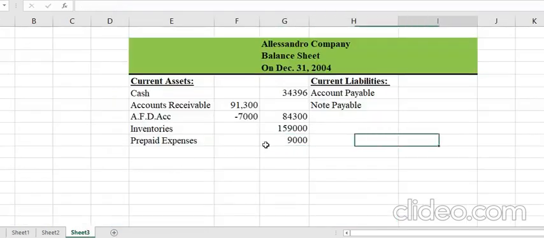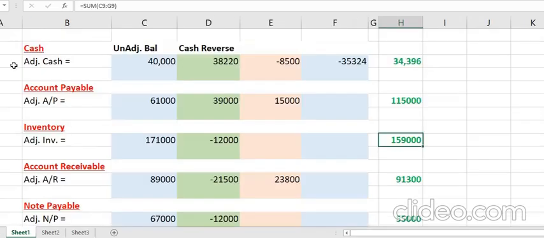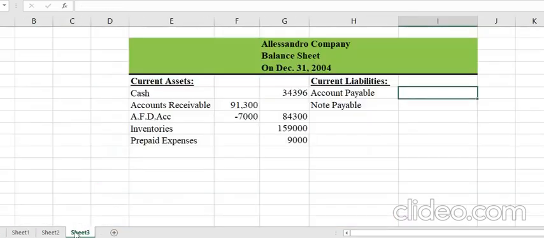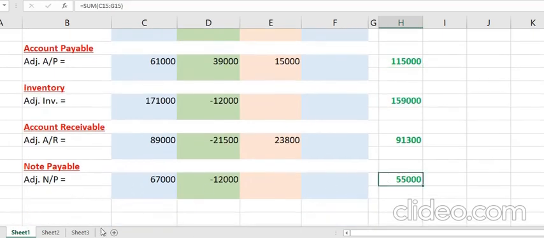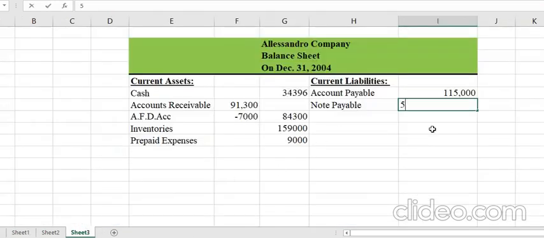Then we had two accounts on the liability side, accounts payable and notes payable, both of which were adjusted. The adjusted value of accounts payable is 115,000, I will write 115,000, and the adjusted value of our notes payable is 55,000. So we will shift 55,000 here also, and that's it.